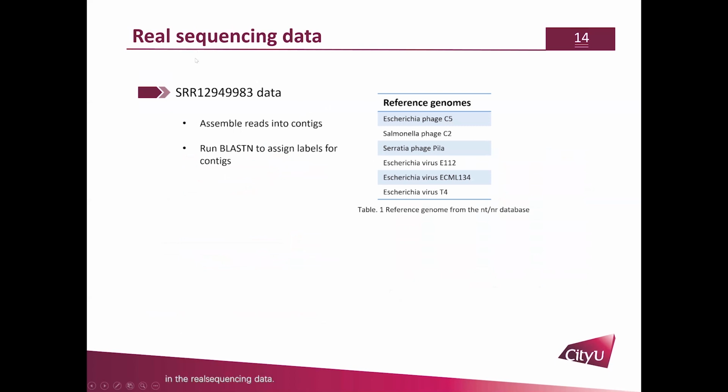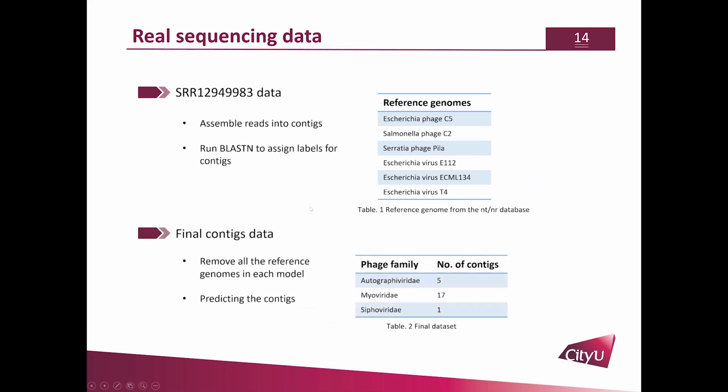In the real sequencing data, one of the datasets we used was downloaded from the NCBI. Since it's a reads dataset, we assembled the reads into contigs first. And because we want to evaluate the performance, we need to know the exact real labels. We ran BLASTn to reassign the labels for the contigs, and table 1 shows all the reference genomes.